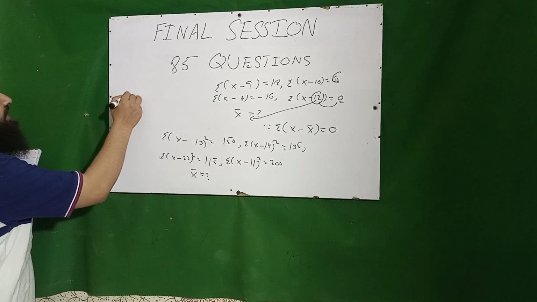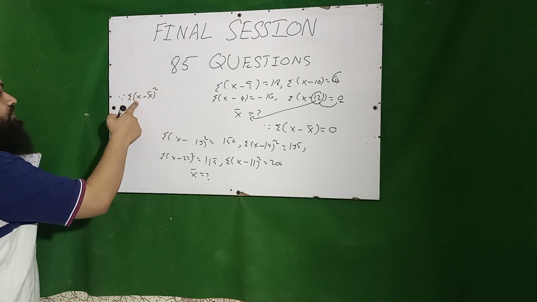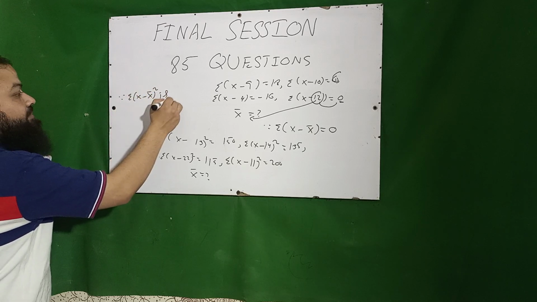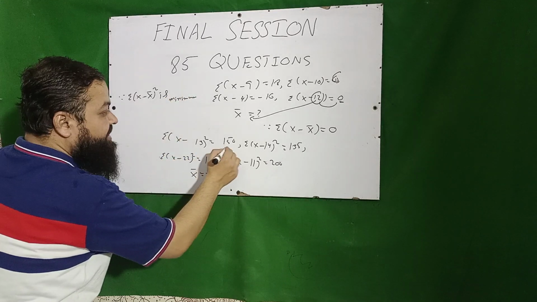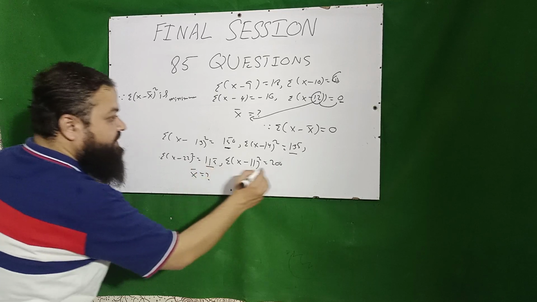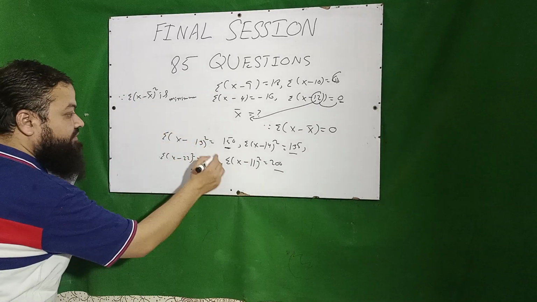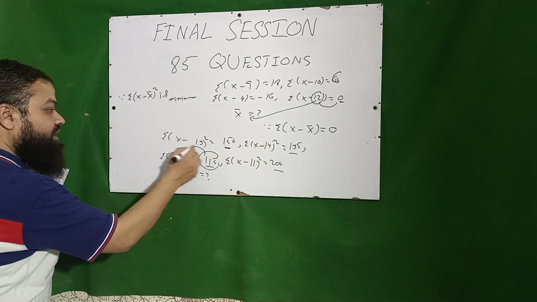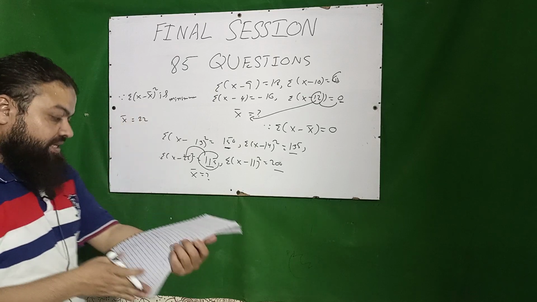We know the property of mean: the sum of squares of deviations of values from their mean is always minimum. So in the exam you will have to check these answers 150, 135, 115, 200. Which is the smallest one? 115 is the smallest one, so this will be the value of x bar. X bar is equal to 22 in the exam.